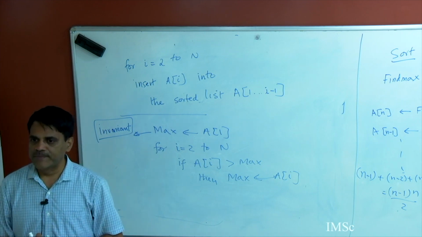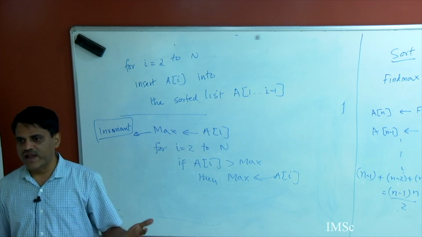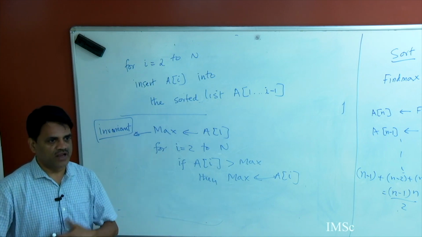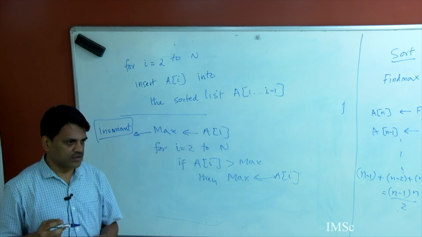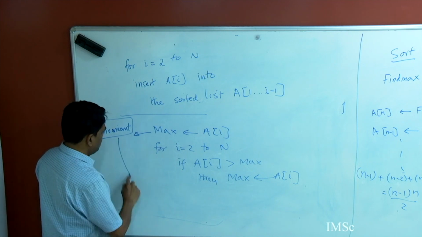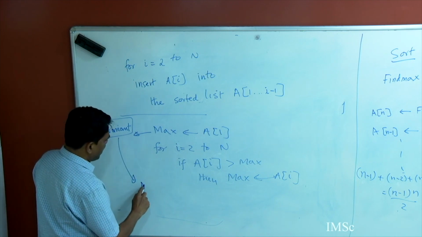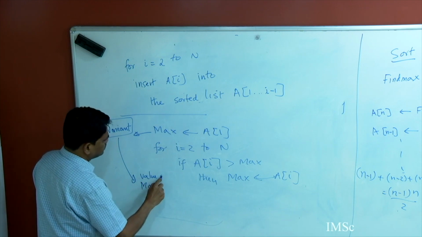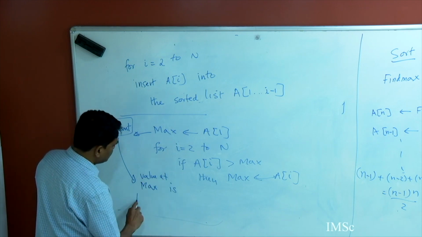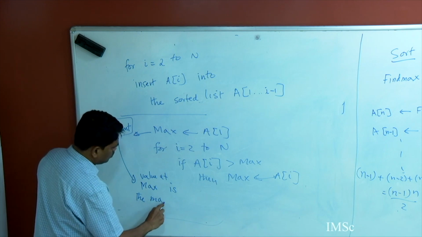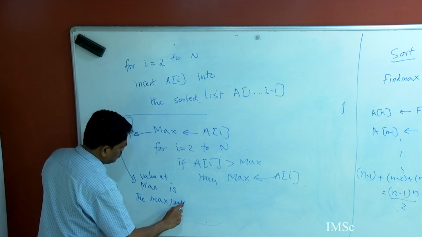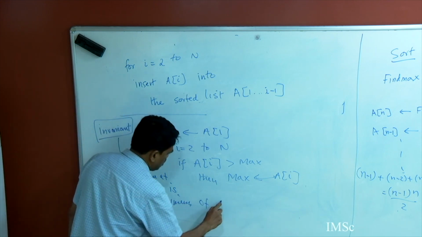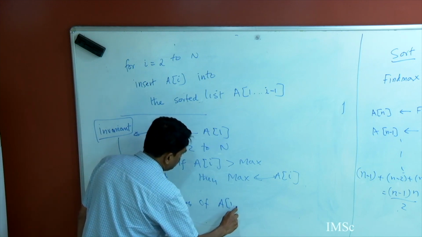The invariant is maintained, and so at the end of it, using the invariant, you can prove the correctness of the algorithm. So the invariant here, I would say, is that the value at max is the maximum of A1 to i.